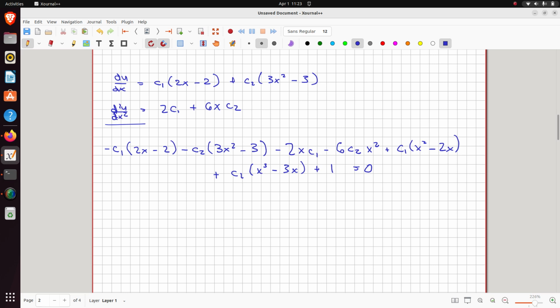Well, it depends if we could choose the C1 and C2 such that it equals 0, right?